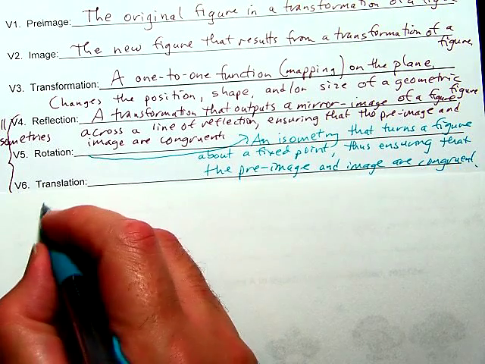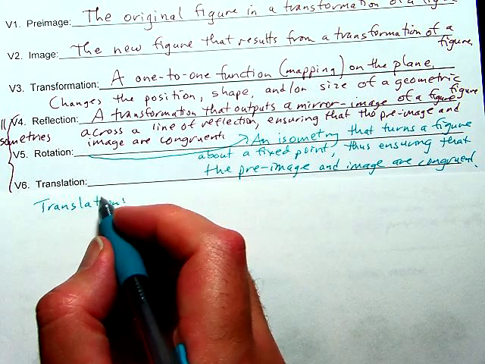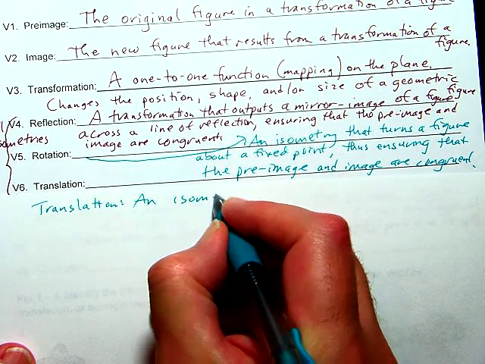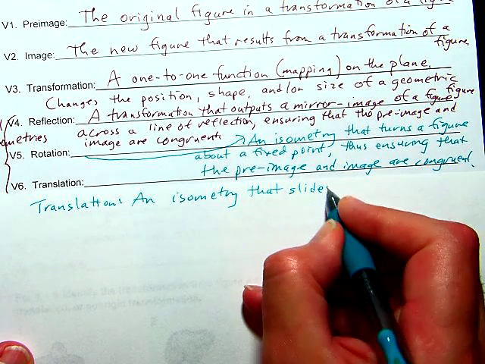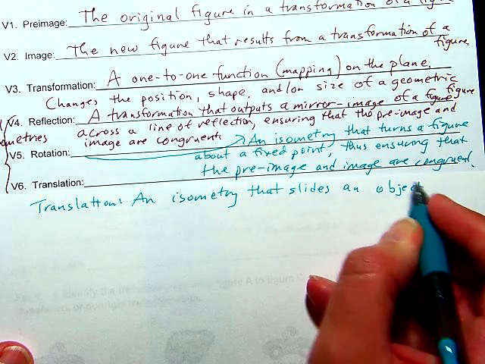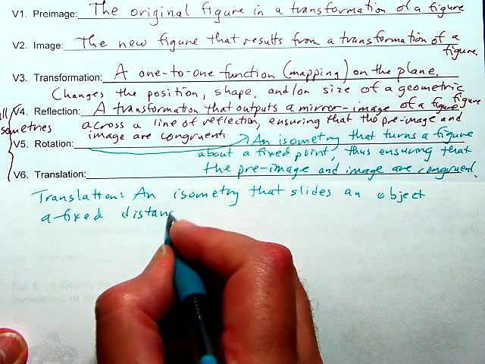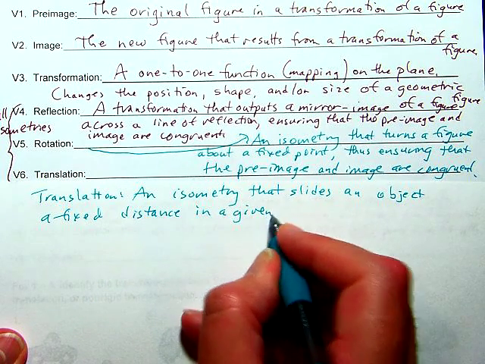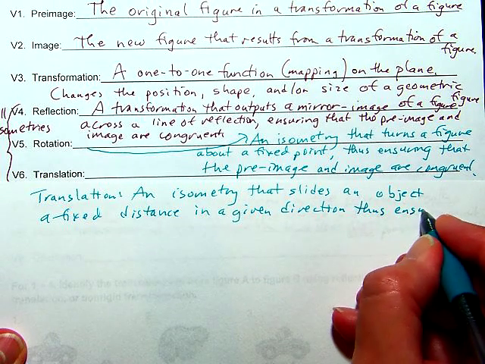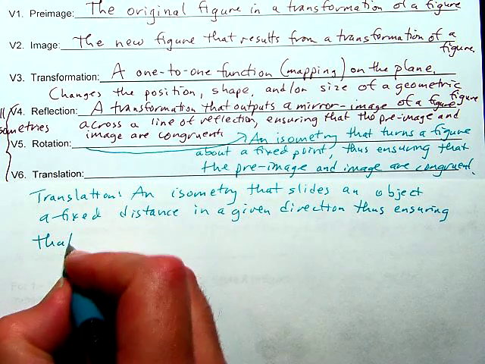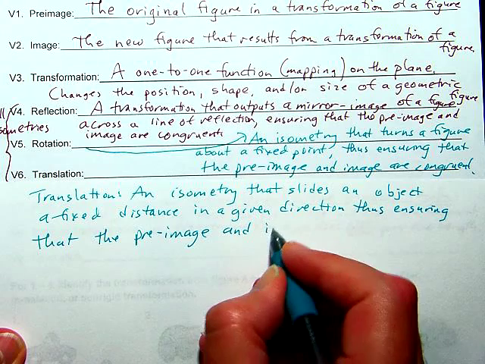So a translation is an isometry that slides an object a fixed distance in a given direction, thus ensuring, once again, that the pre-image and image are congruent.